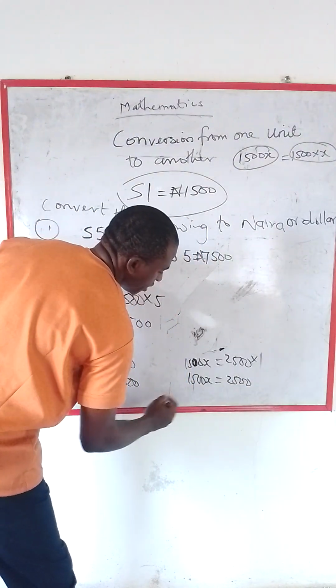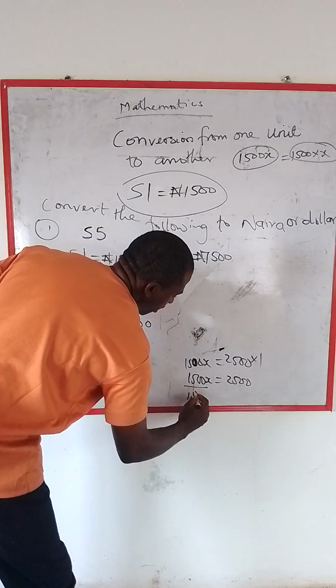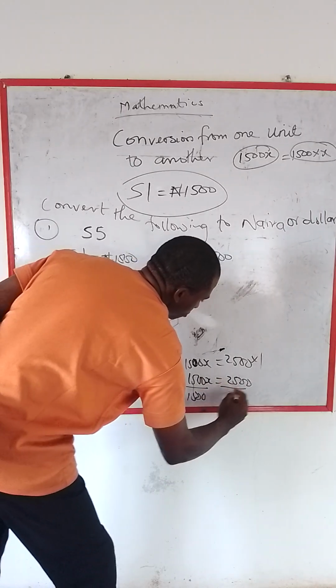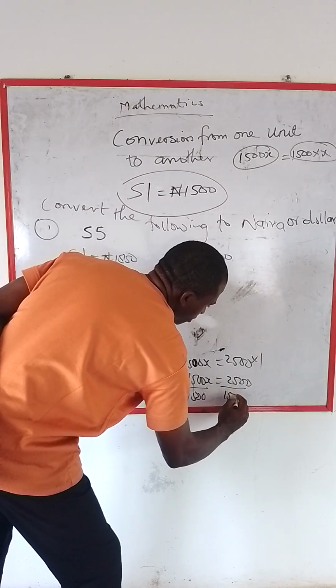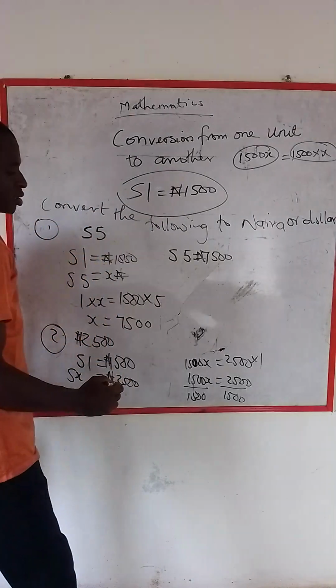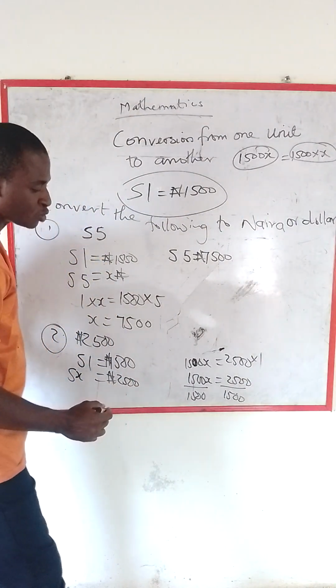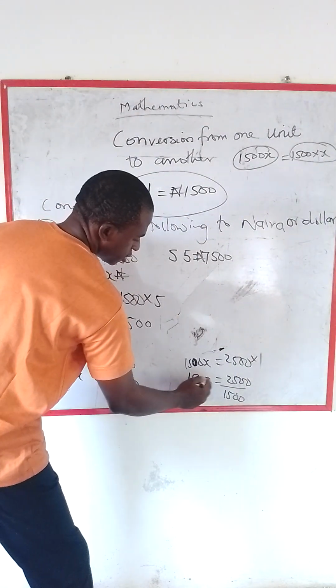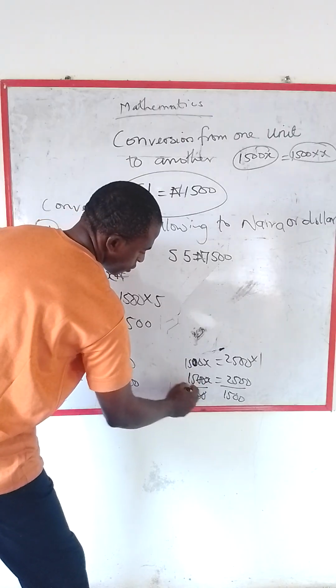Then divide both sides by 1,500, because we are looking for X. I'm going to do that in another video, how to do simple equation. This one cancels this.